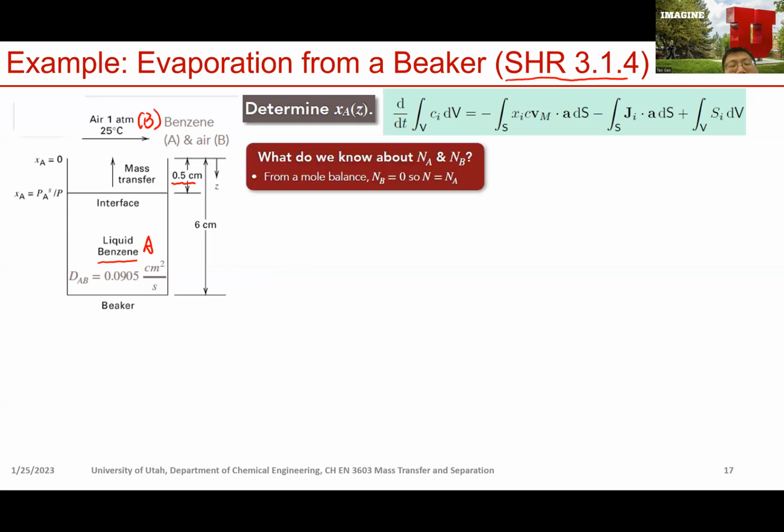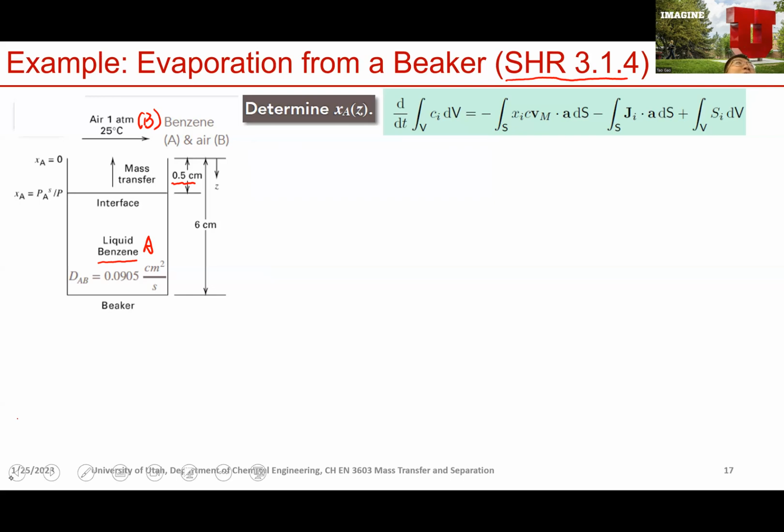Now, the problem asks us to determine the mole fraction of A in the z direction, right? Which means if you have a beaker of liquid benzene sitting on the table, how do we know the mole fraction or the concentration of benzene in the beaker from the liquid surface all the way to the mouth of the beaker?